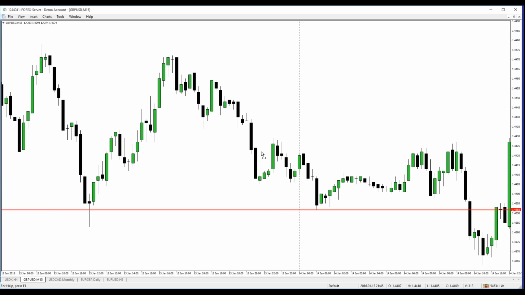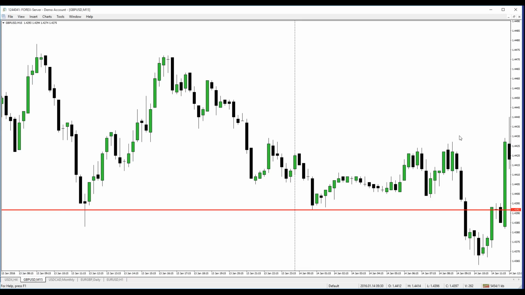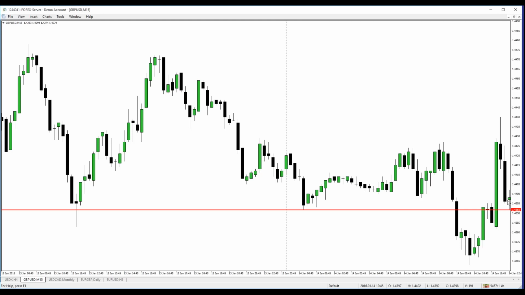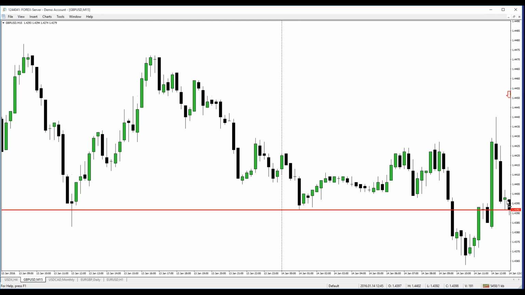There's the range. It explodes up, takes out the stops here, rallies a little bit more, and then starts coming back down and slams right into it there, right in this candle.